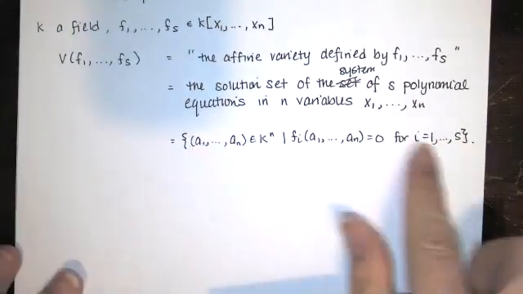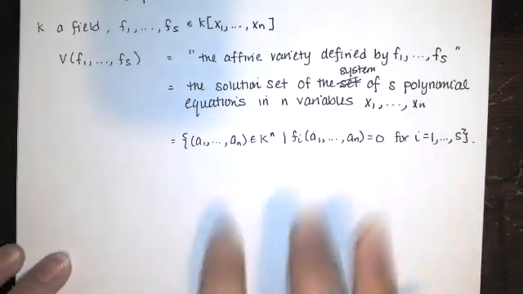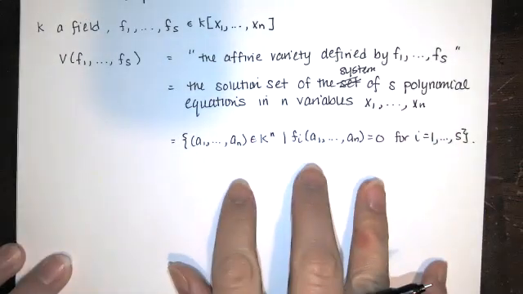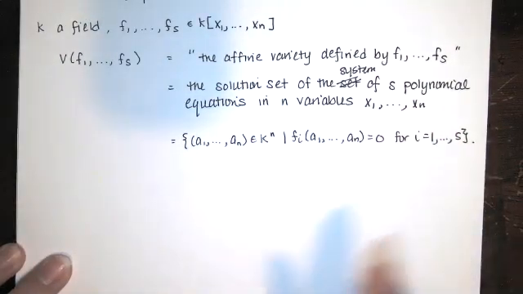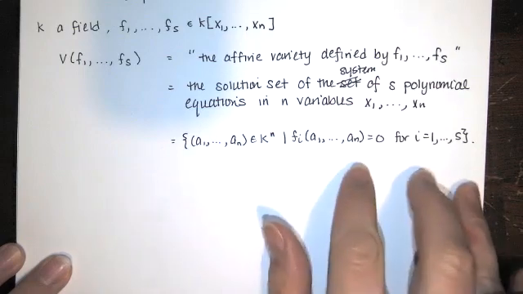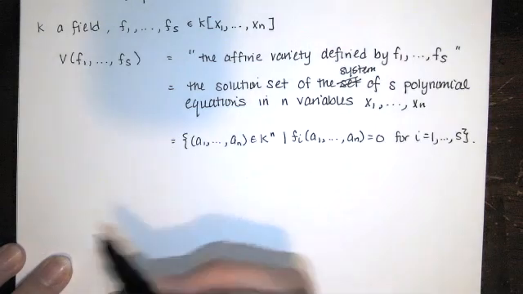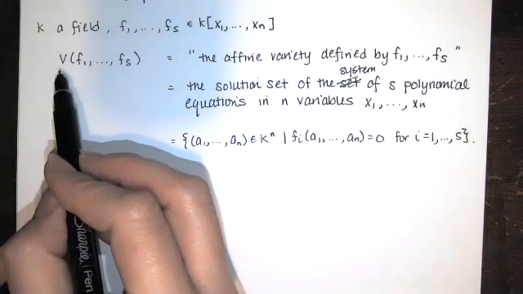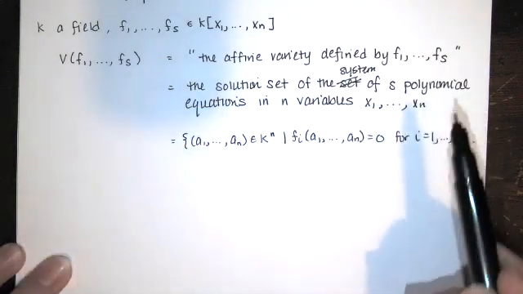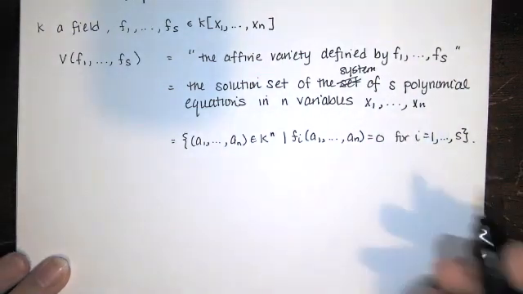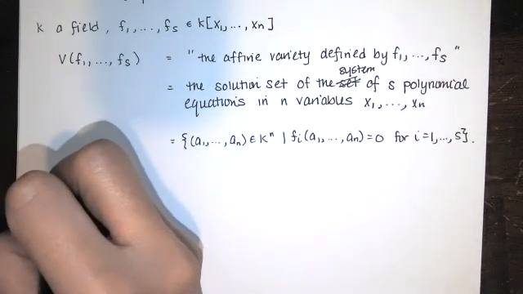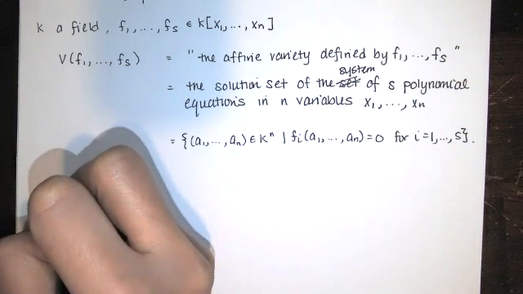Now, if you're not familiar with this notation, you're probably fine. Most people that would be interested in this video are probably comfortable with this. But just to make this a little bit more concrete for people that are maybe new to this notation, this affine variety defined by the polynomials f sub 1 through f sub s is the solution set of this system of polynomial equations.